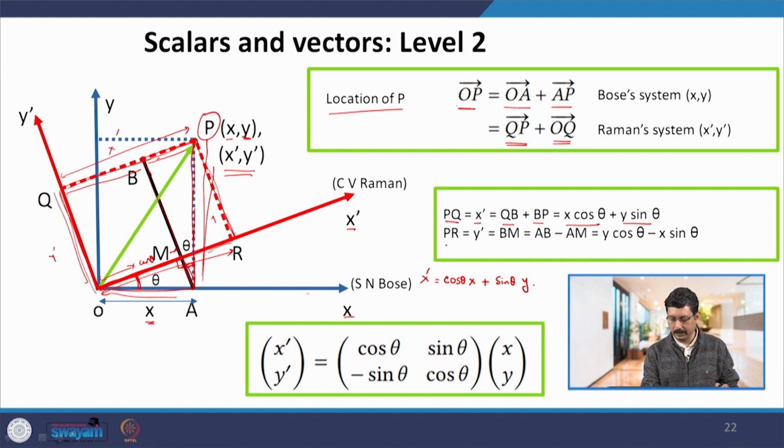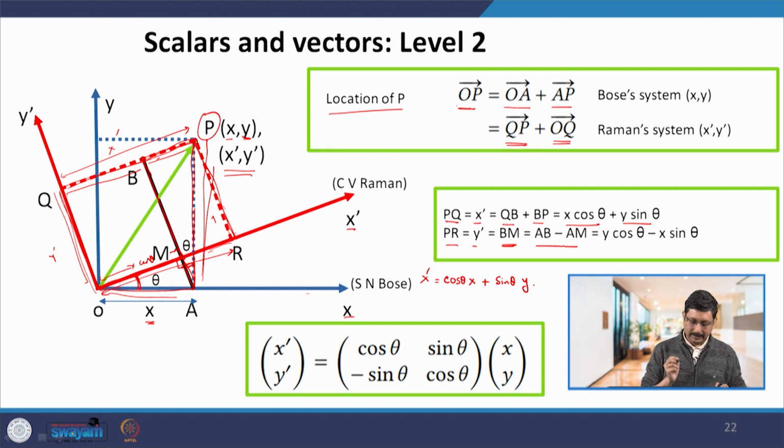So, y prime is PR, and PR you can see is same as BM, because this is a rectangle. So, this is BM, and BM is AB minus AM.